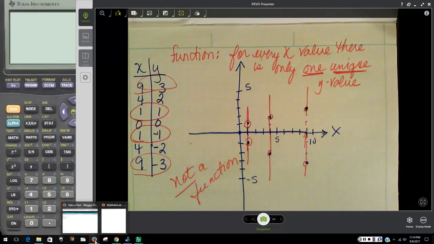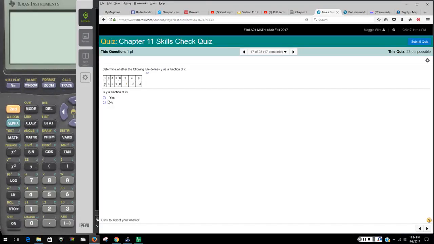So there's your definition of a function. And this is not a function.